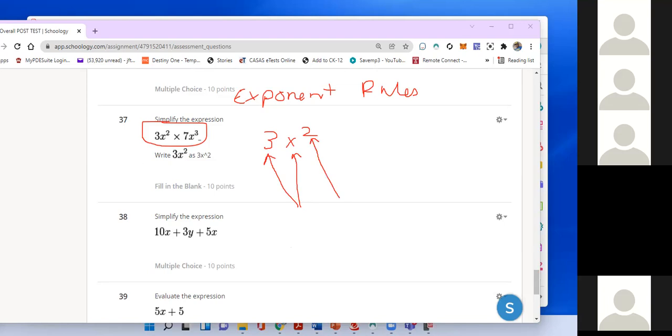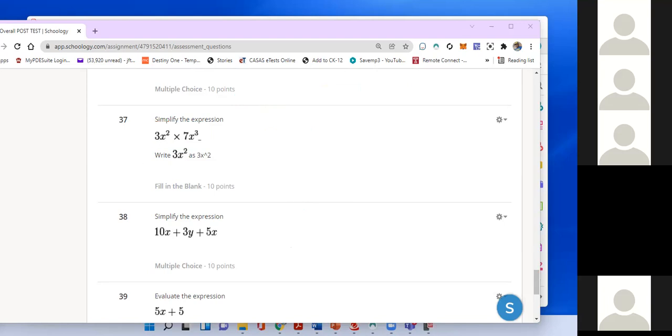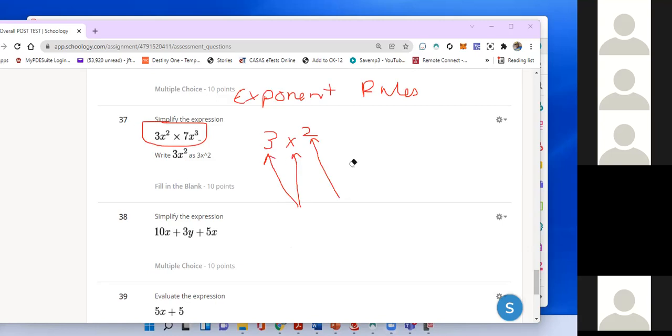So the rules of exponents say, for exponents with the same base, if you're multiplying, you add the exponents. So x squared times x to the third is what? Not 5, x to the fifth.